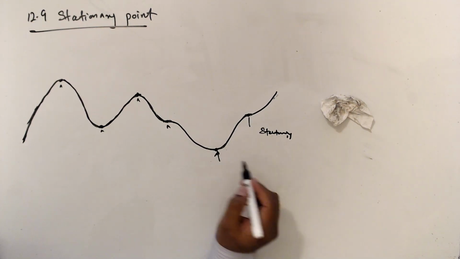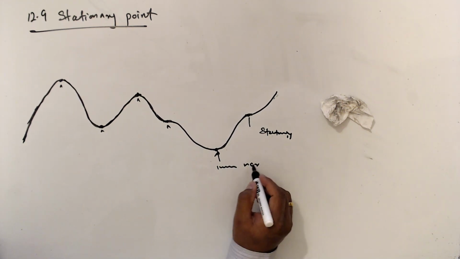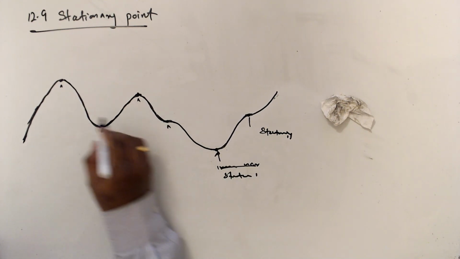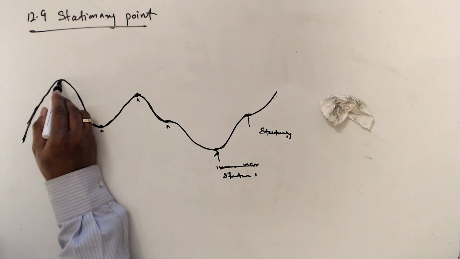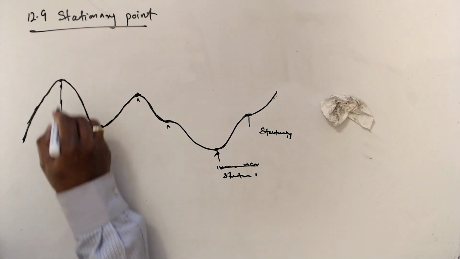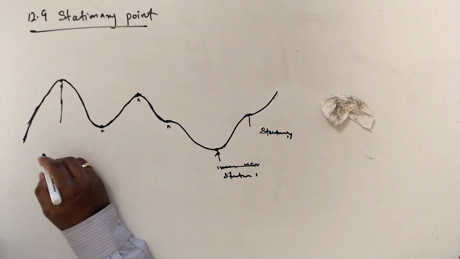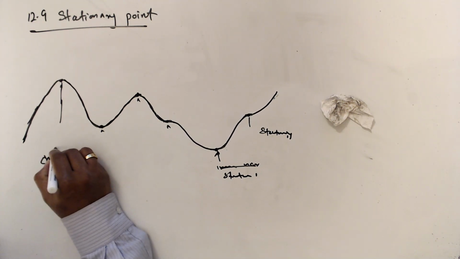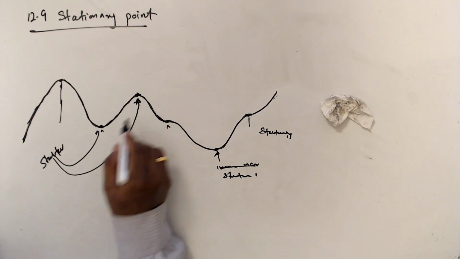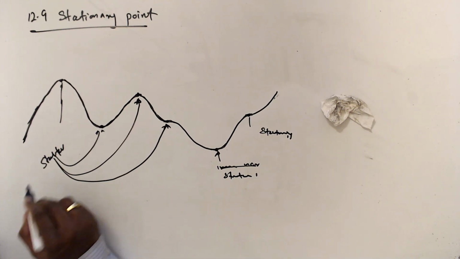At this point, neither increasing nor decreasing, so it is stationary, right? In this point the curve is neither increasing nor decreasing, so it is stationary. Same as this point: stationary.